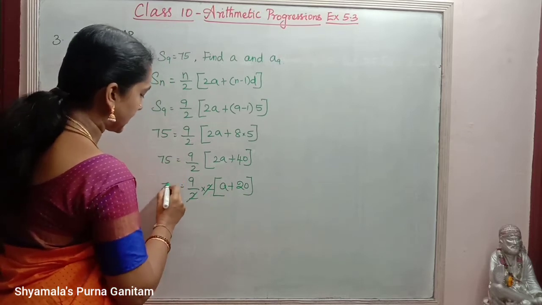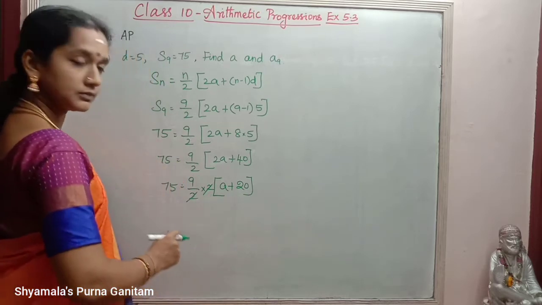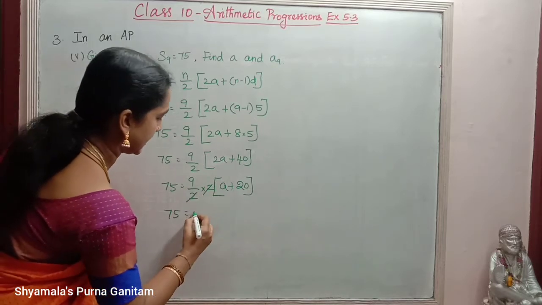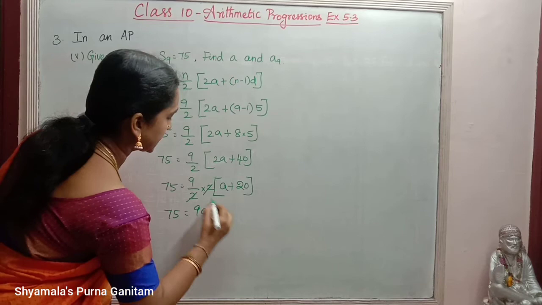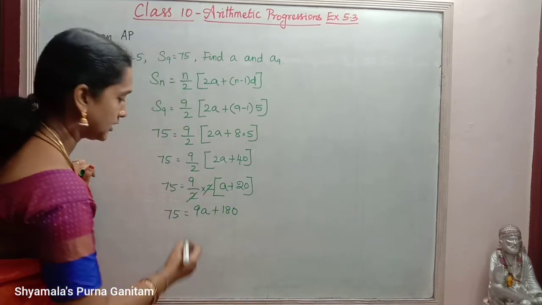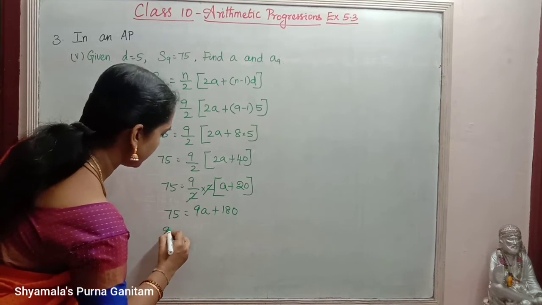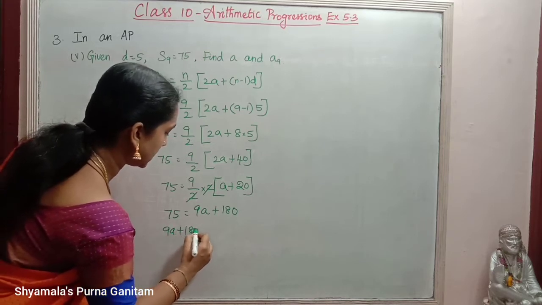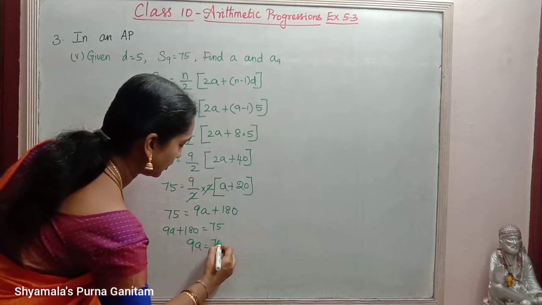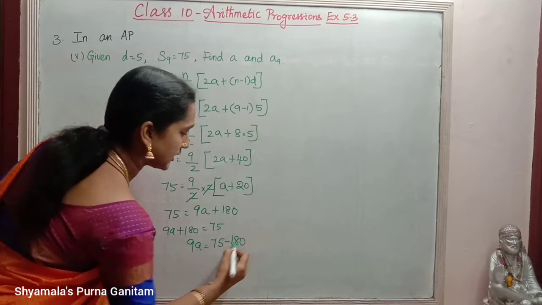So on this side we have 75. Okay. So 75 is equal to 9A plus 9 2s are 18, so 180. So 9A plus 180 is equal to 75. So 9A is equal to 75 minus 180.